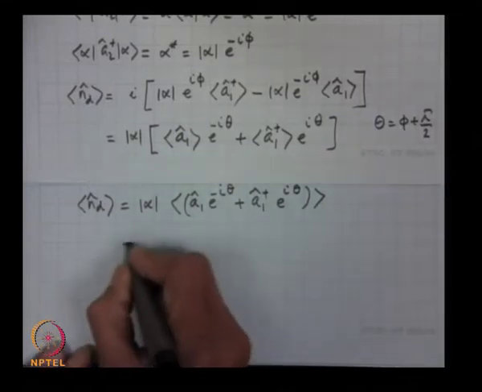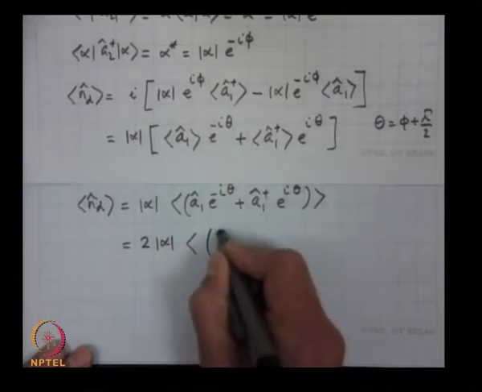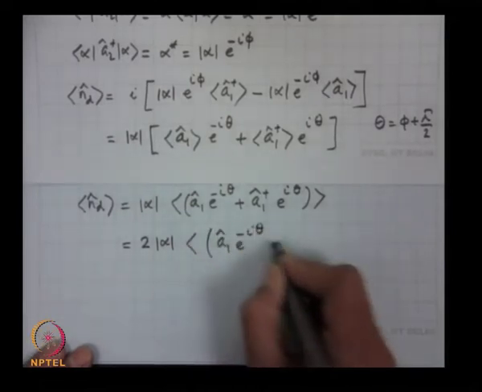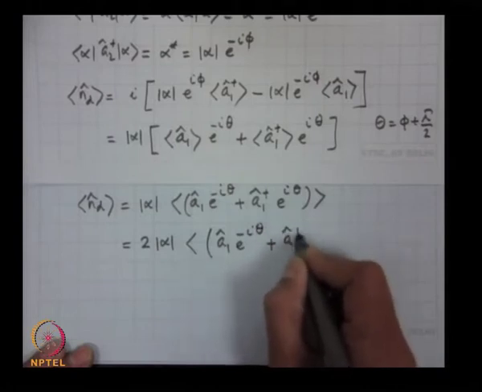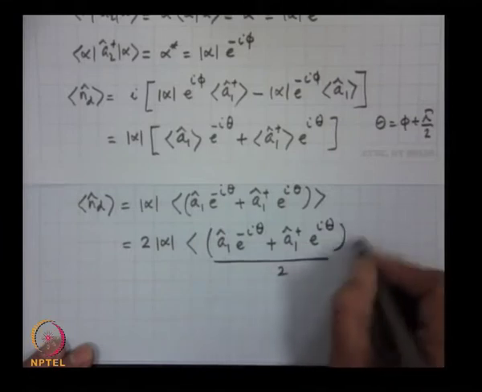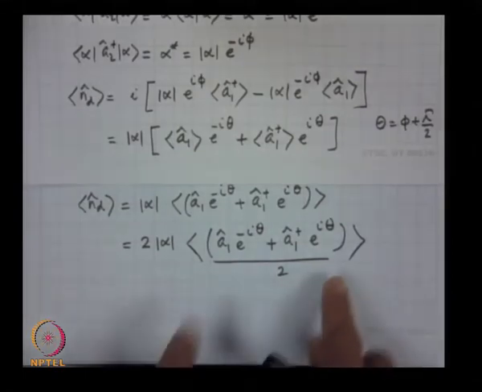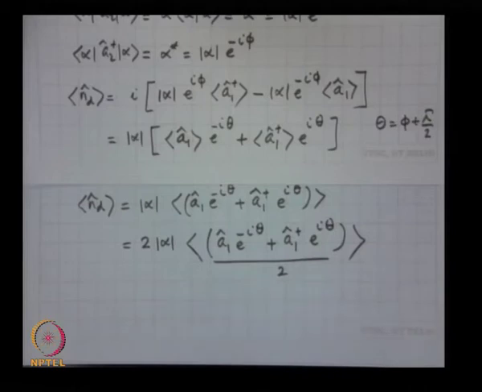So let me write this now as 2 times mod alpha times, I multiply and divide by 2, now what is this quantity here when theta is equal to 0? The quadrature x. Remember, x was defined as a plus a dagger by 2.